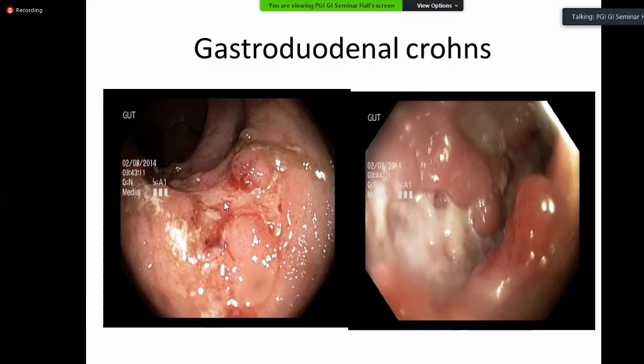There is no visible vessel, there is no bleeding, and the distensibility you cannot comment upon in this picture. But when you see an adjoining picture that the ulcer is deep and punched out, this will suggest a diagnosis of Crohn's disease, but you will need a biopsy to say what it is.